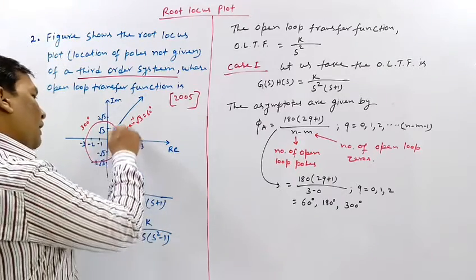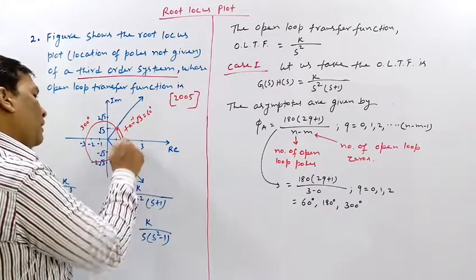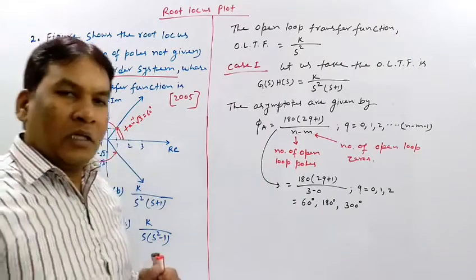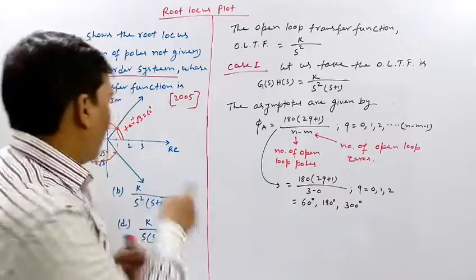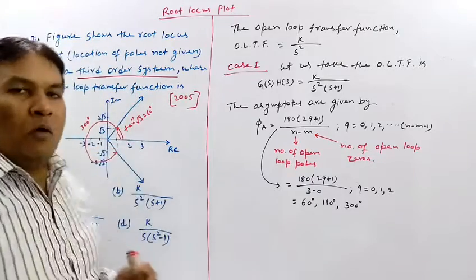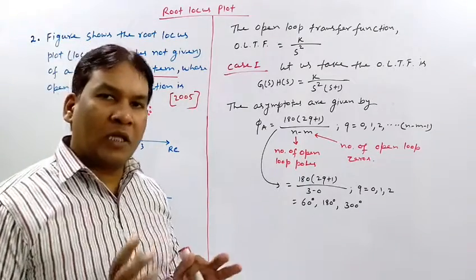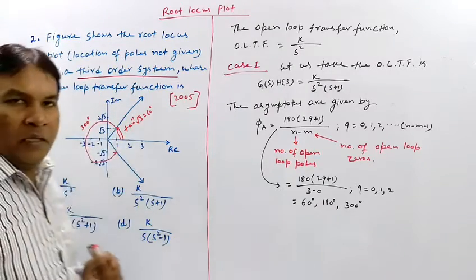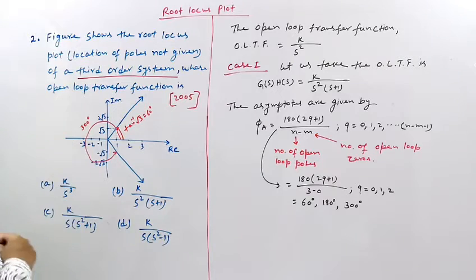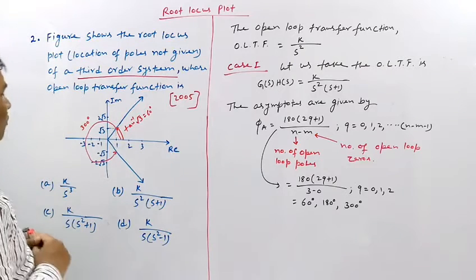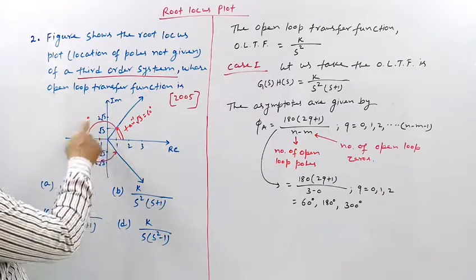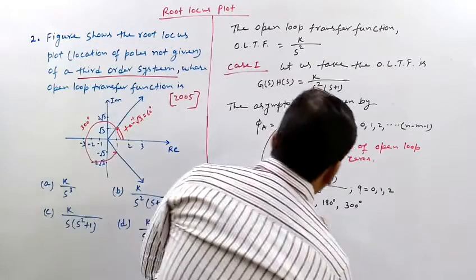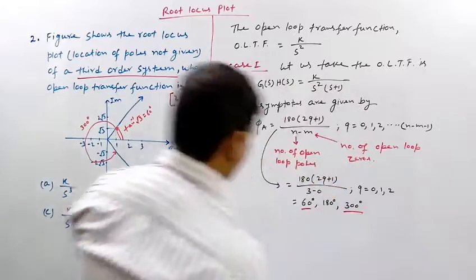So if this angle is 60 degree, this angle will be again 60 degree, and if we turn on a circle, then the total angle becomes 360 degree. So this angle will be 300 degree. Now it is clear that this angle is 300 degree. So we have got two of its angles, one is 60 degree and other is 300 degree.